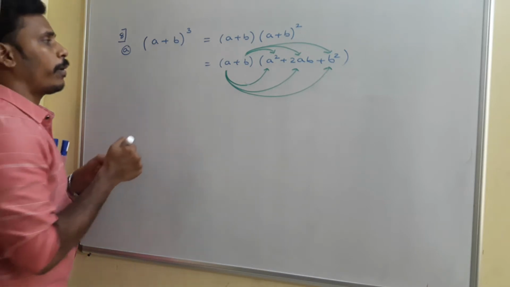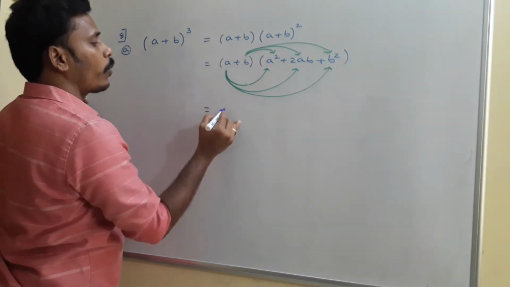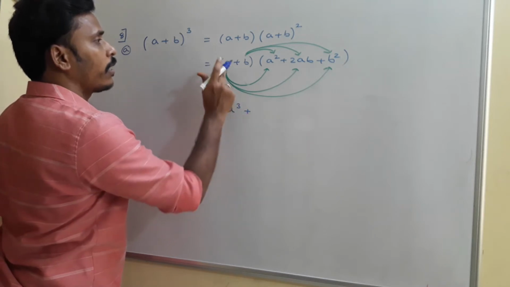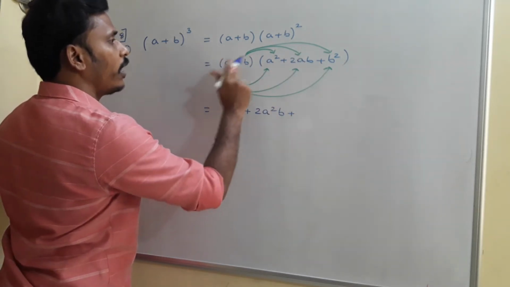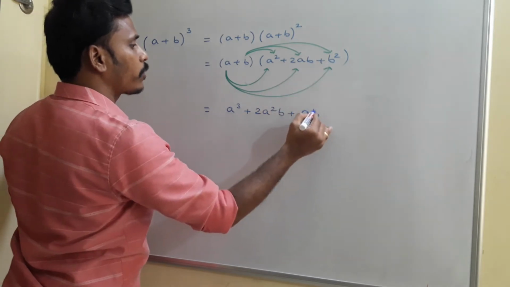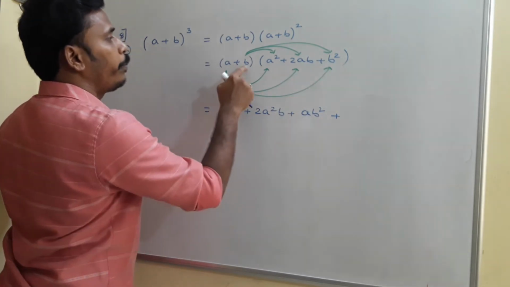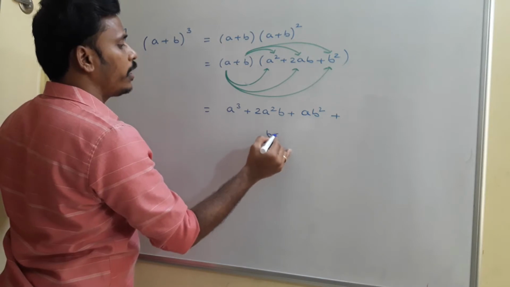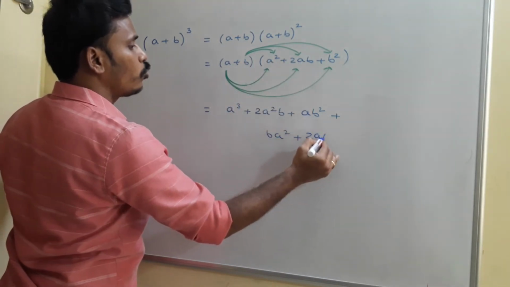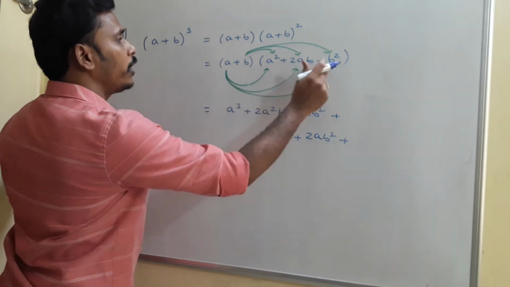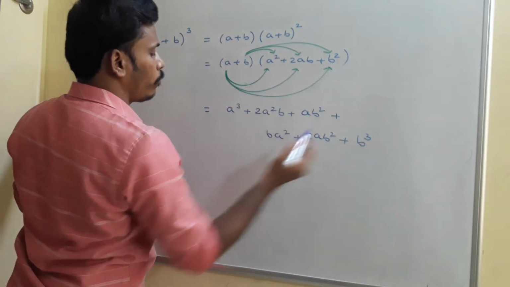If you multiply, a into a² is a³, plus a into 2ab is 2a²b, plus a into b² is ab², plus b into a² is ba², plus b into 2ab is 2ab², plus b into b² is b³.